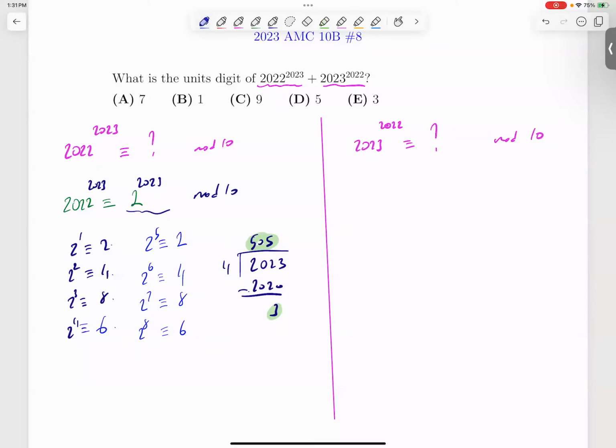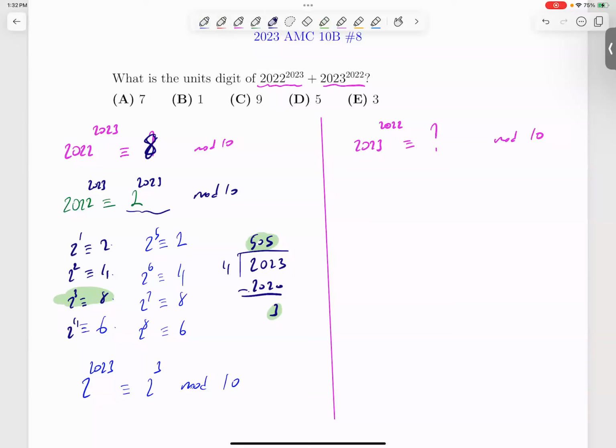Then 2 to the power of 2023 is congruent to 2 cubed mod 10, and 2 cubed is 8. So this one is congruent to 8, and we can say that 2022 to the power of 2023 is also congruent to 8 mod 10.